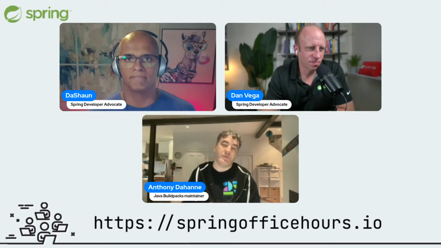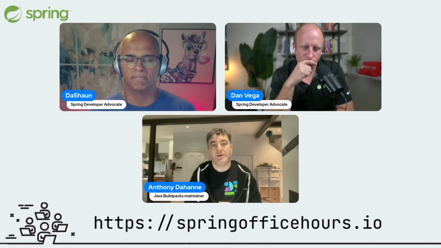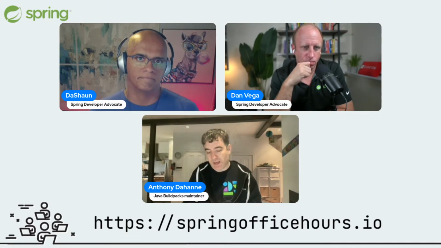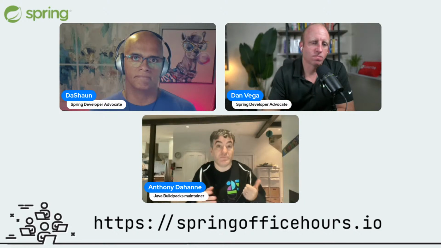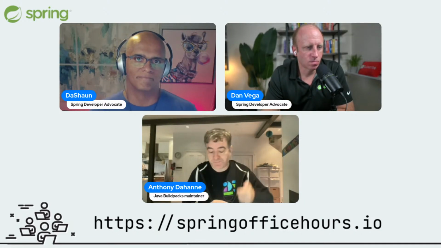V2 are the Buildpacks that are default in Cloud Foundry, and V3 are the Buildpacks that help you build OCI images, also known as Docker images, that you can then deploy to Kubernetes or any OCI runtime.